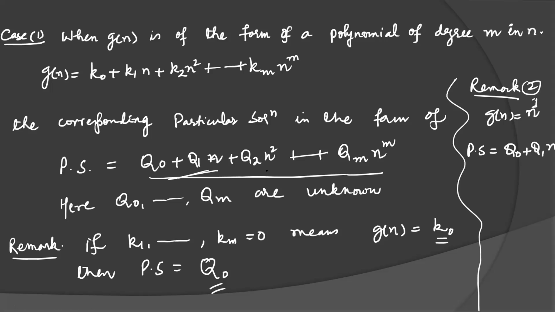If it is suppose n square, we will take all three terms, Q0 plus Q1 n plus Q2 n square, less than or equal to the degree of the polynomial Gn. Okay, fine. This is case 1.